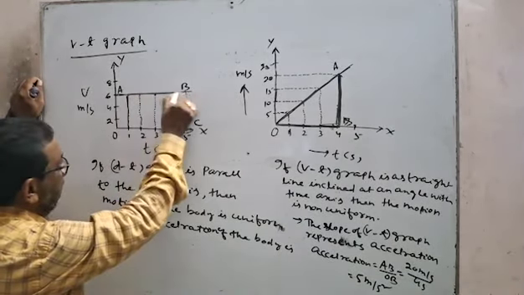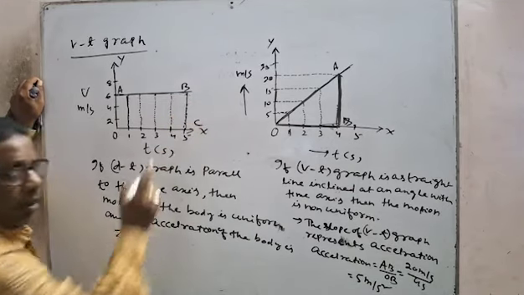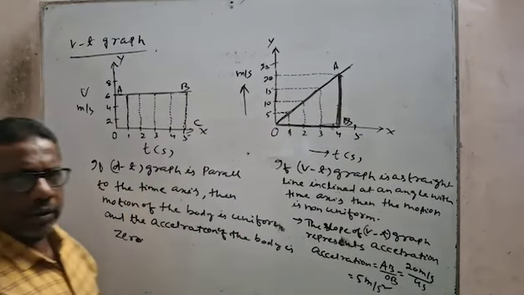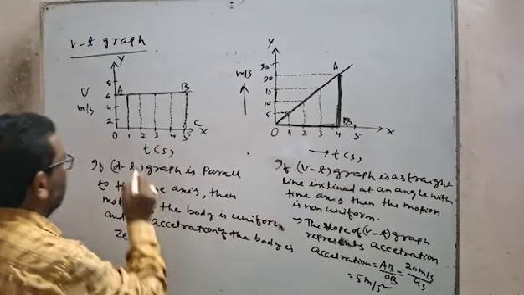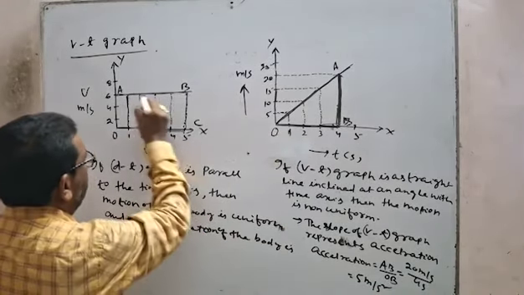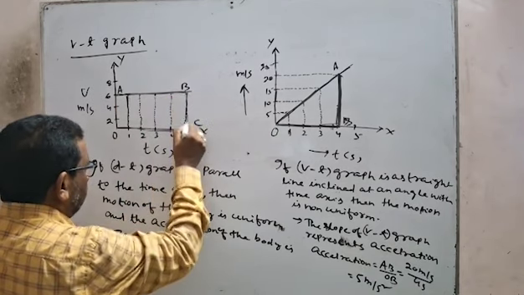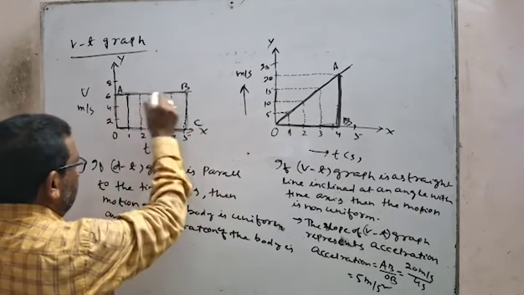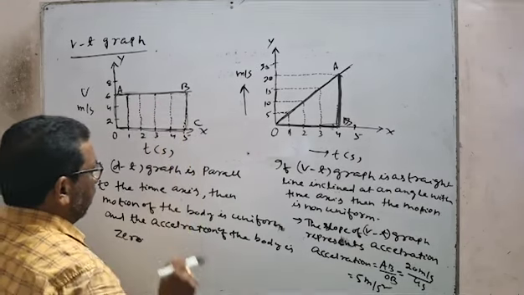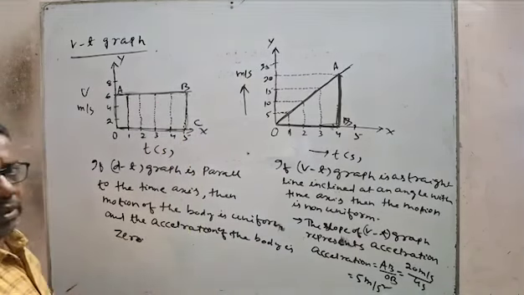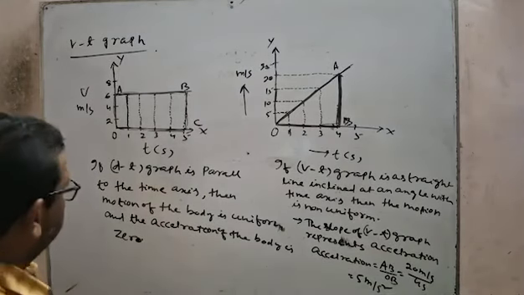The area enclosed between the graph and the time axis. This is the time axis and this is the graph. If we find the area between this graph and the time axis, then it will represent the distance covered by the body.